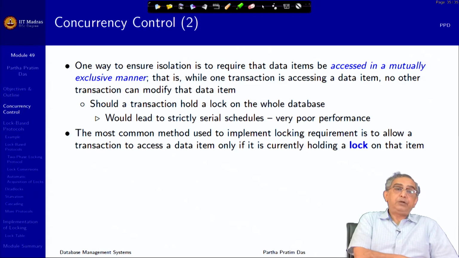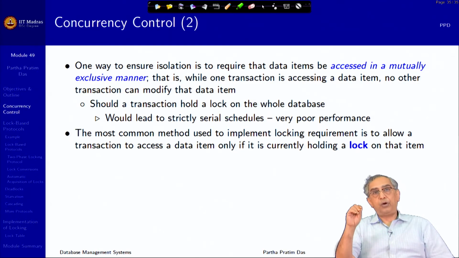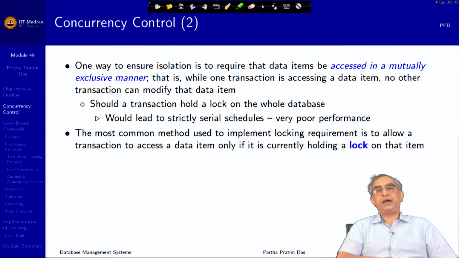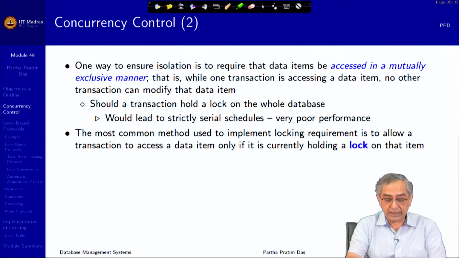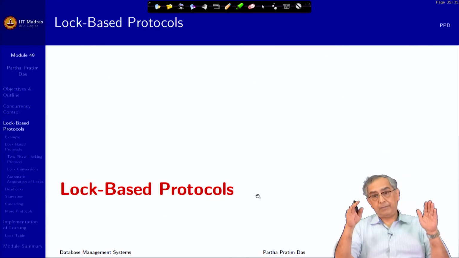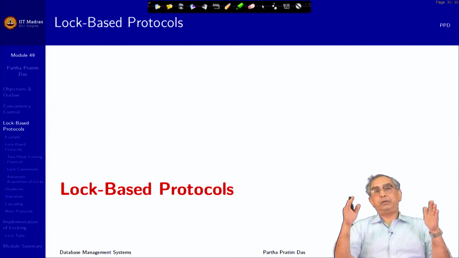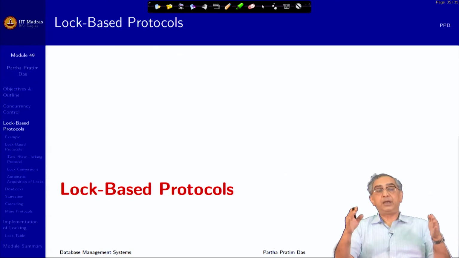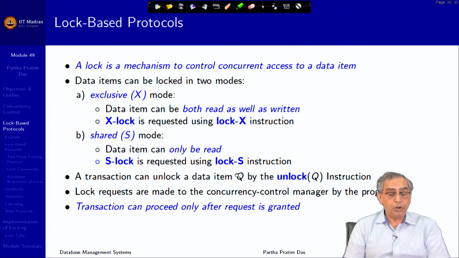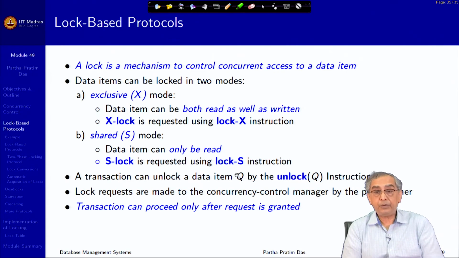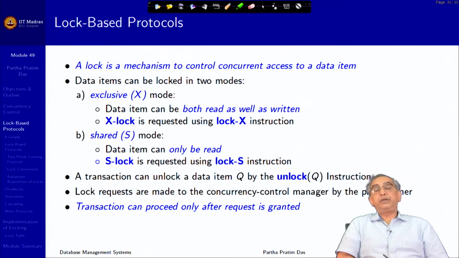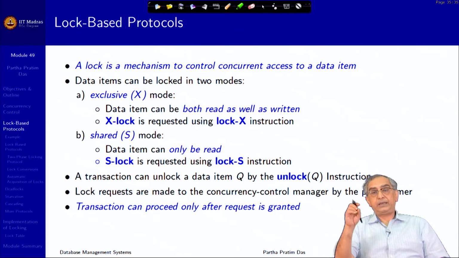So, we would like to associate locks specifically with data items, and that is the basic idea, to provide an exclusive access mechanism. And this whole gamut of strategies which let you do this is called the lock based protocol. So, what do you do in the lock based protocol? A lock is a mechanism which controls the concurrent access to a data item.